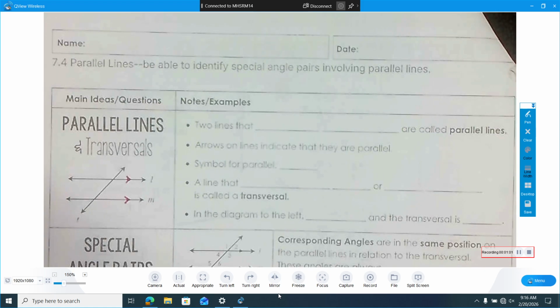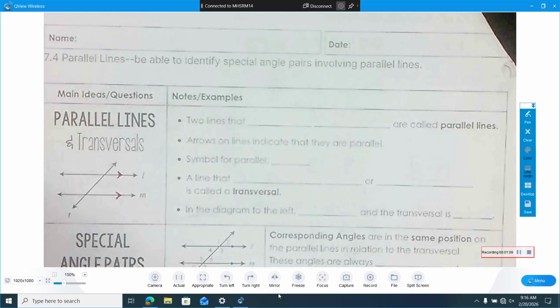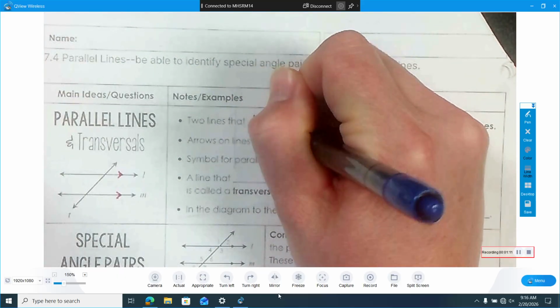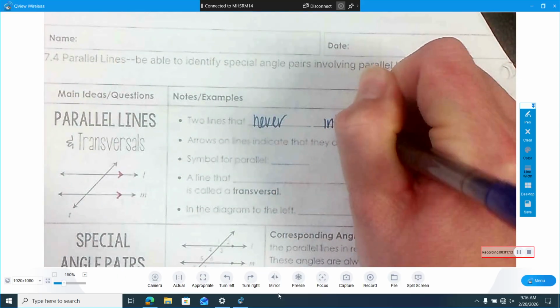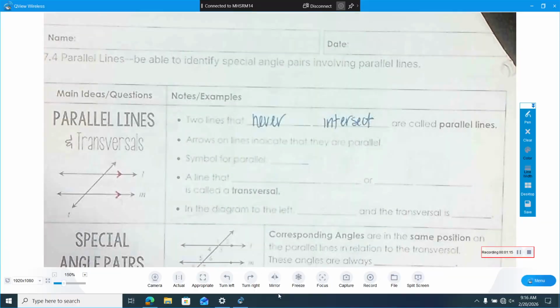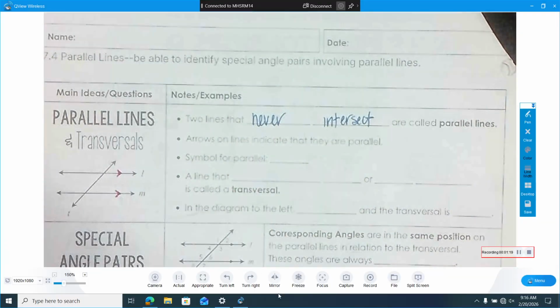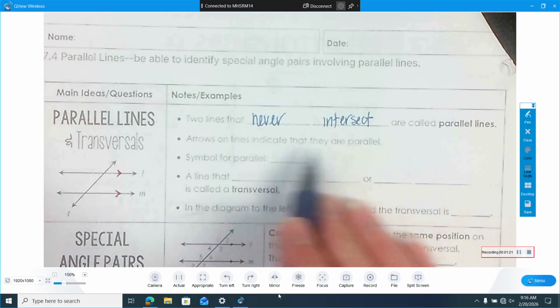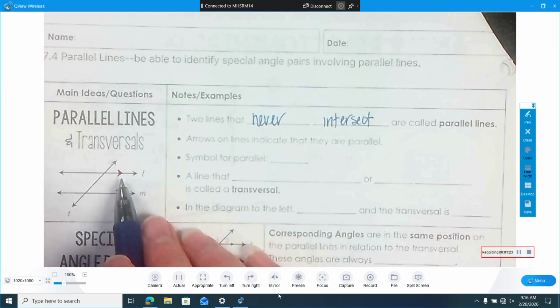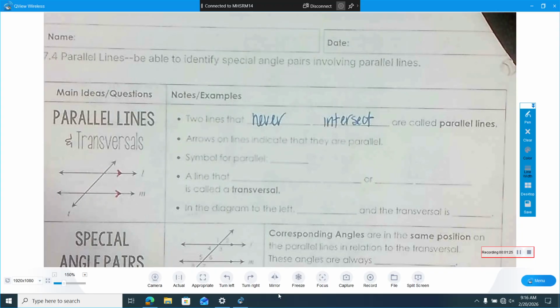What does that mean? They never intersect. They never touch. Two lines that never intersect are called parallel lines. So we have two parallel lines. The arrows on the lines indicate that they are parallel. That's their symbol for parallel.